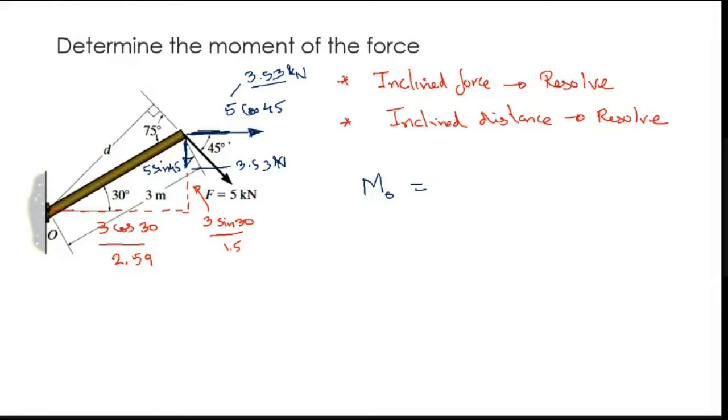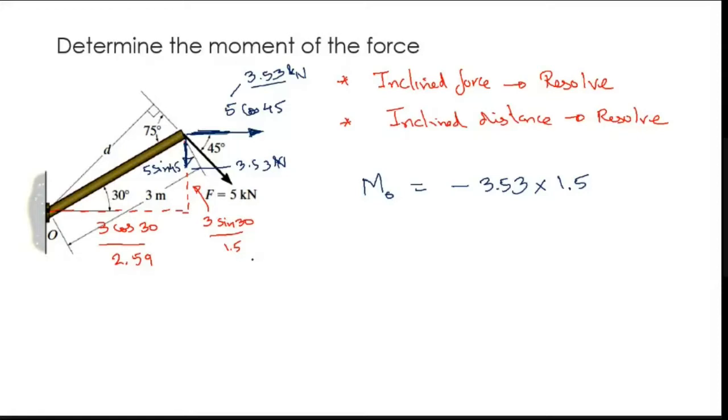So your distance should be a vertical distance, right? This vertical distance is this one, which is 1.5, right? And how is it rotating? It is rotating in clockwise. Okay, so minus 3.53 into 1.5.